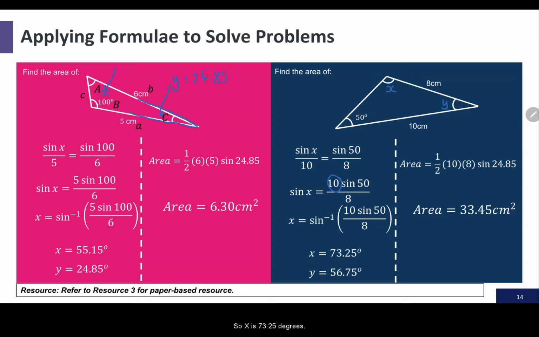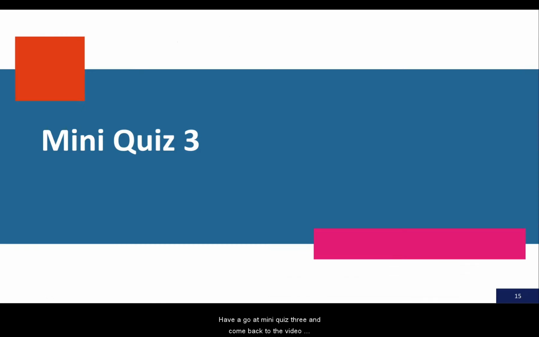So x is 73.25 degrees. y would be 56.75. And then I've got two sides and the angle between. So the area is 33.45 square centimetres. Have a go at mini quiz 3 and come back to the video when you're ready.